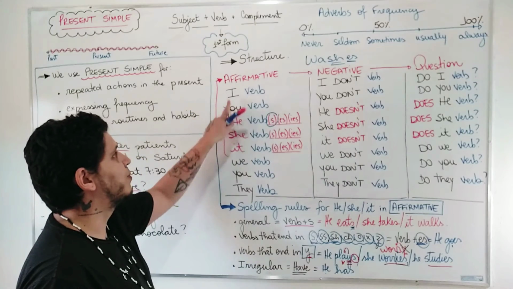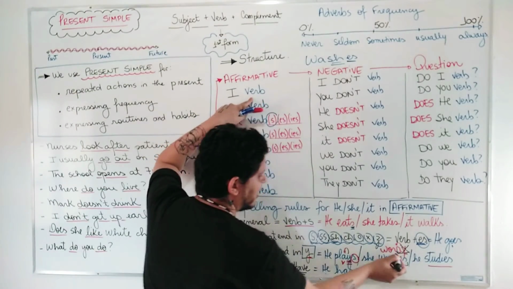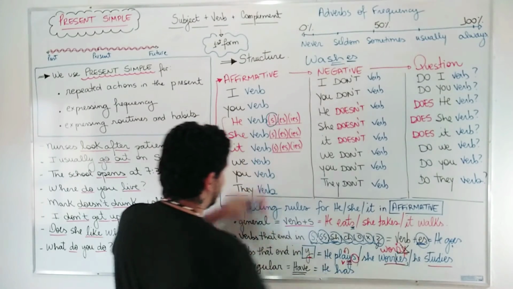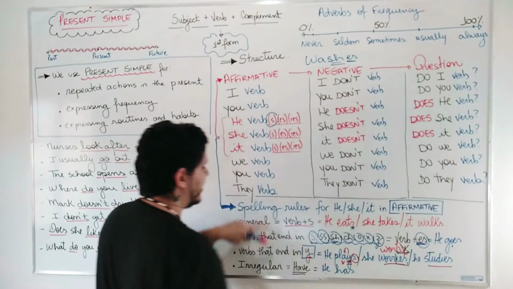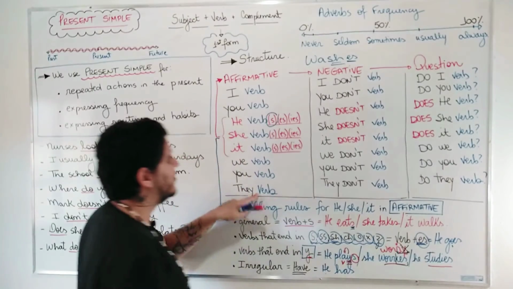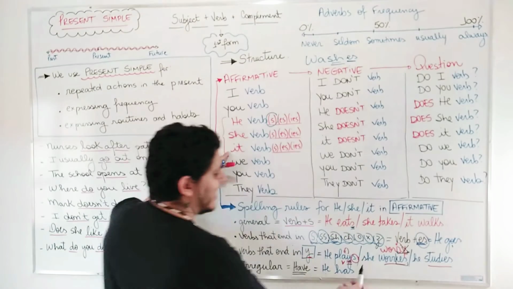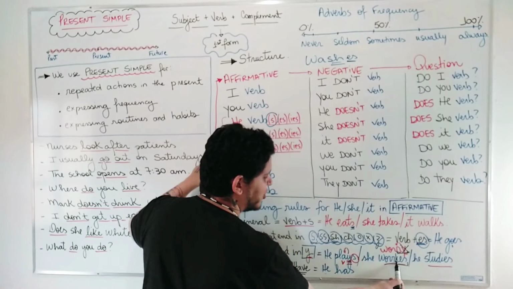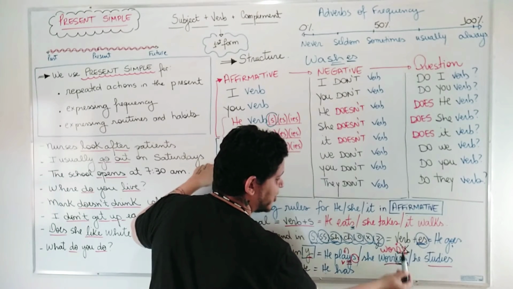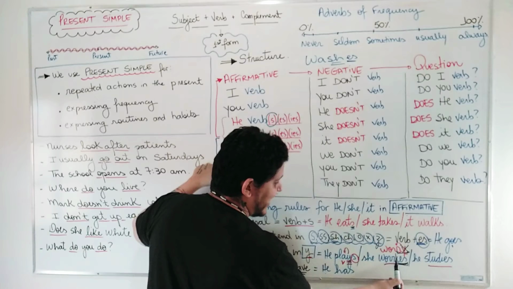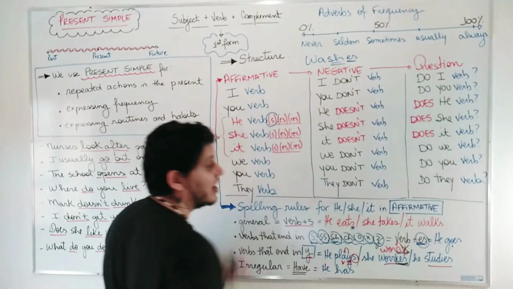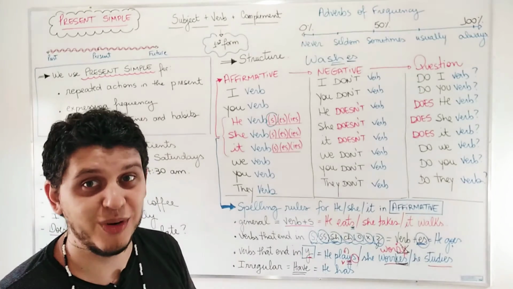So, eu me preocupo. I worry. You worry. We worry. You worry. They worry. But for he, she, it, he worries. She worries. It worries. We had to drop letter Y and add IES because before the Y there was a consonant. It was not a vowel.